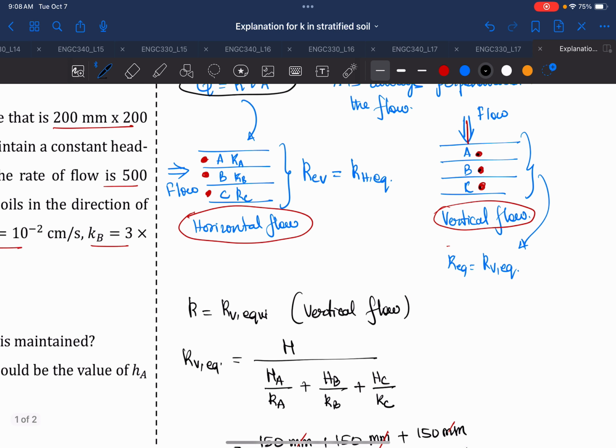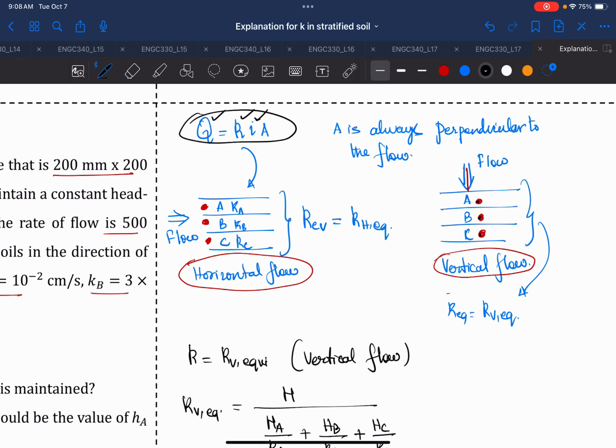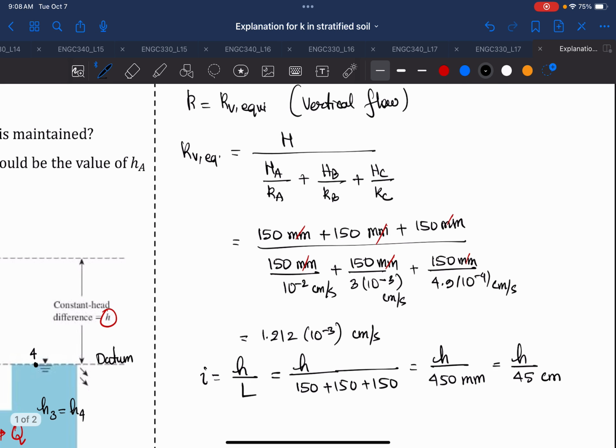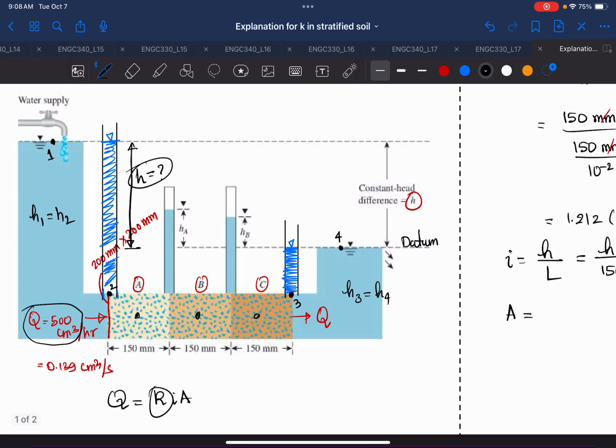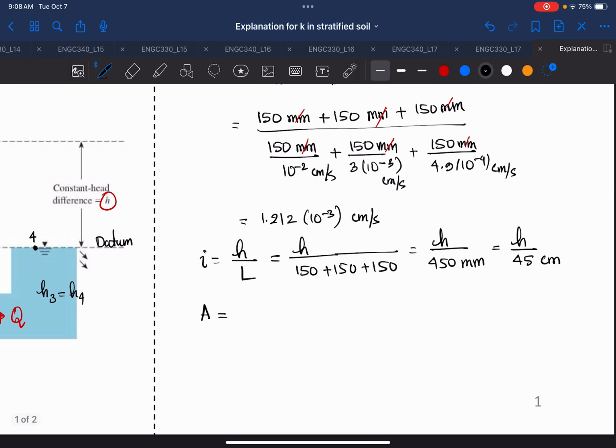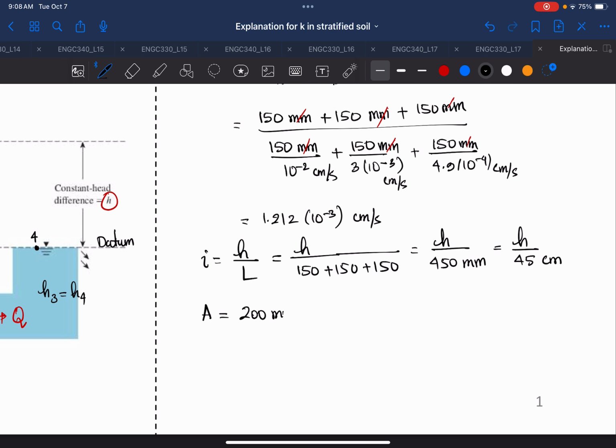And then for kiA, h is what we don't know, and A is known to us. A is given here, the cross sectional area perpendicular to the flow, which is 200 millimeter by 200 millimeter. I can put it here as 20 centimeter by 20 centimeter, and this will give me 400 centimeter square.